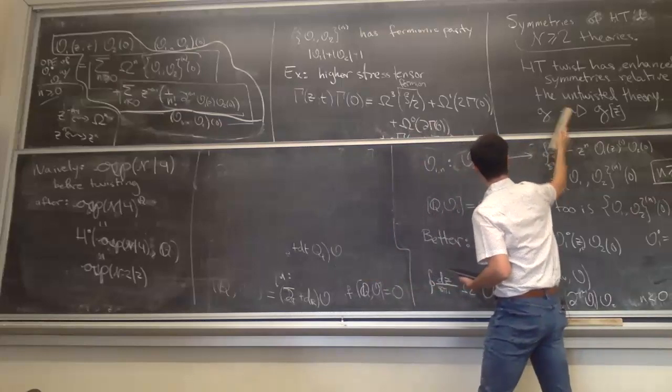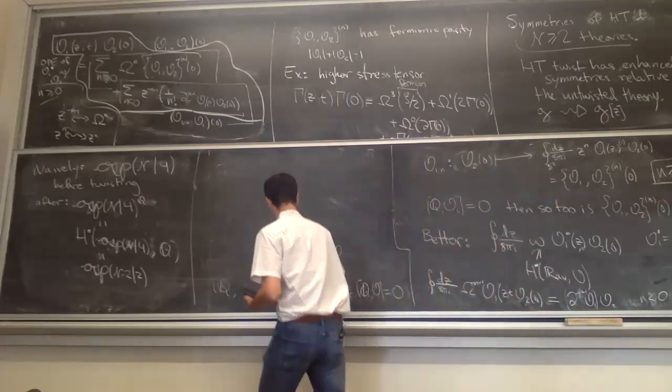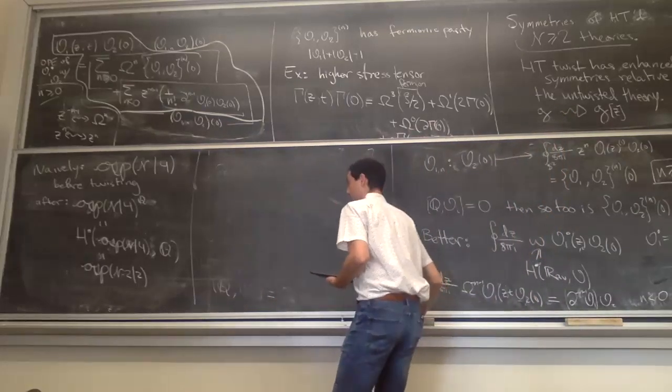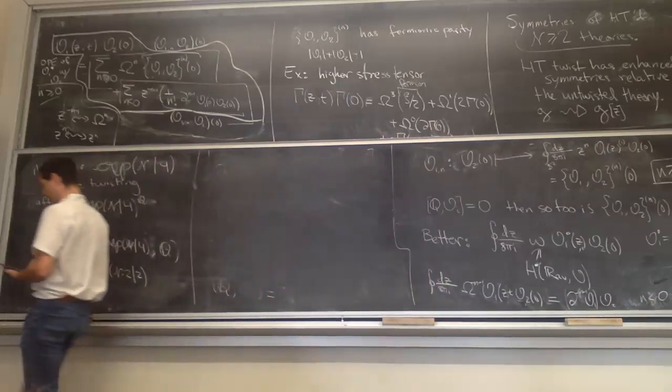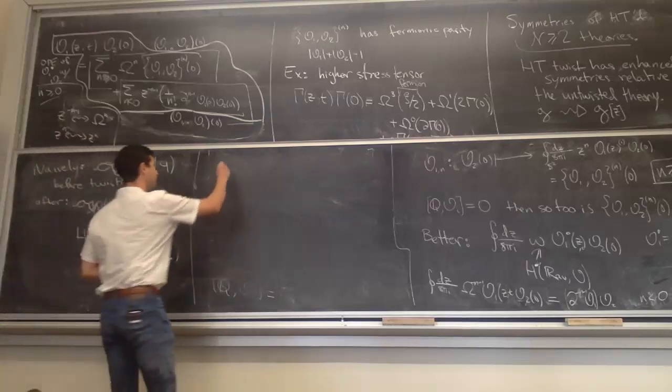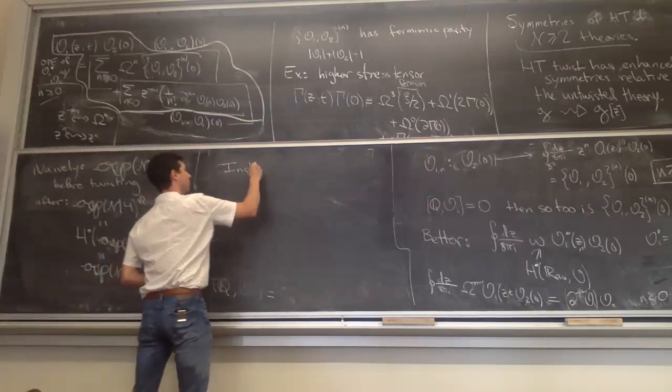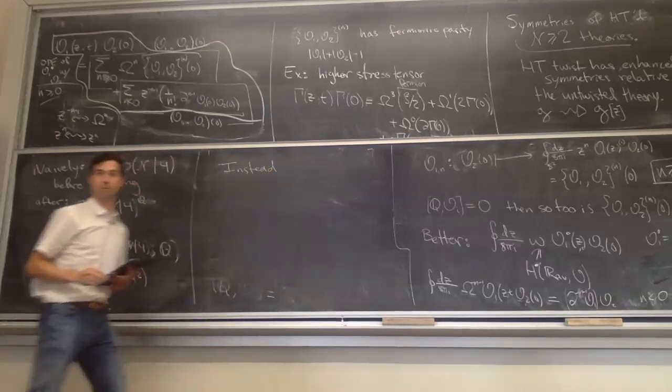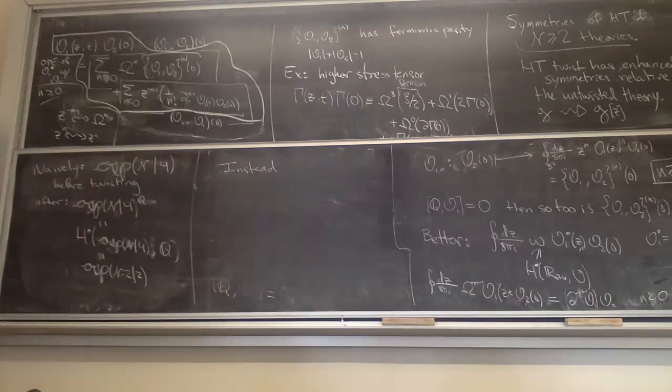But in the same way that flavor symmetries get this holomorphic extension, this OSP n-2/2 symmetry also gets enhanced. Sorry, naive question. So, what do you mean by this simplification?